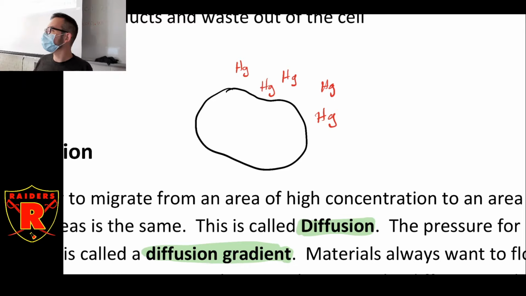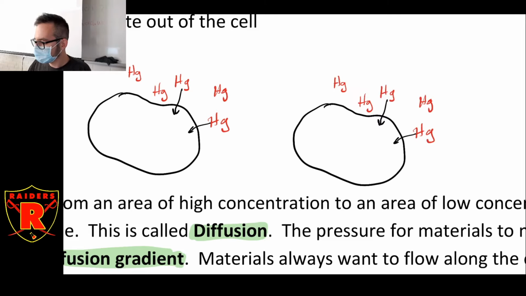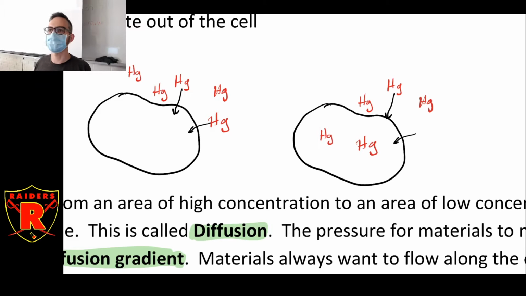So if you have a lot on the outside and the cell membrane will allow mercury to pass across it, and it does in real life, what ends up happening is you just naturally get migration of these things across the cell membrane until you have a balance of those two materials across the membrane.